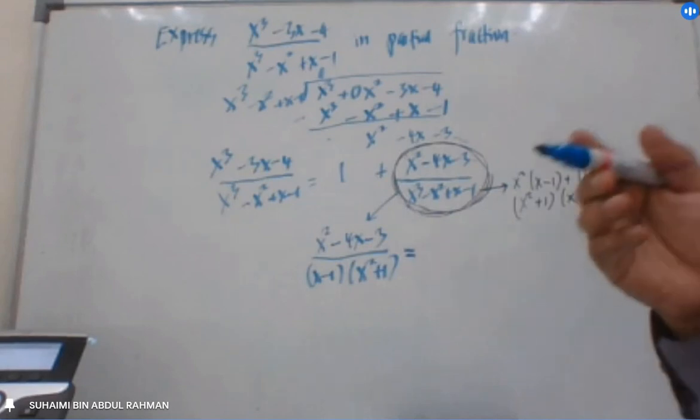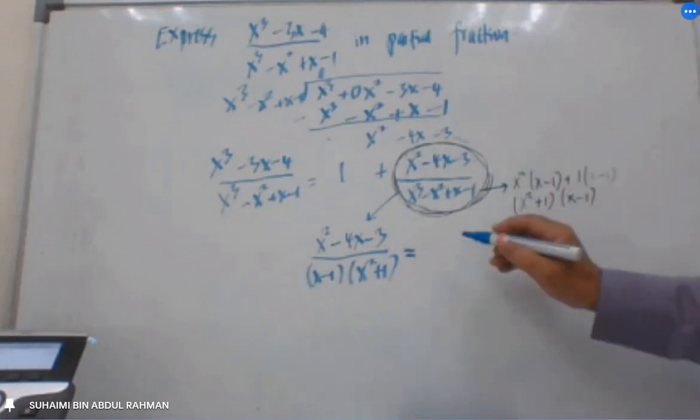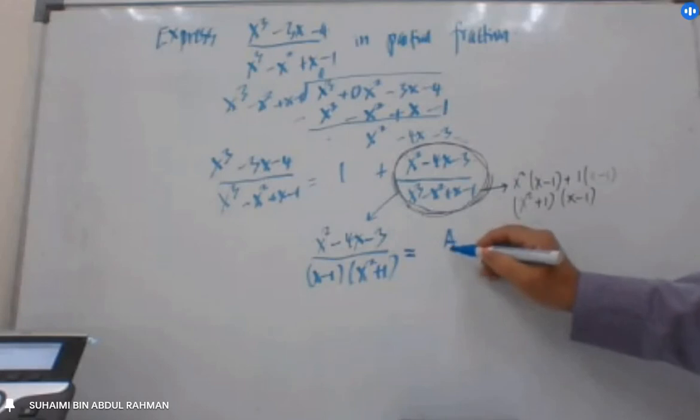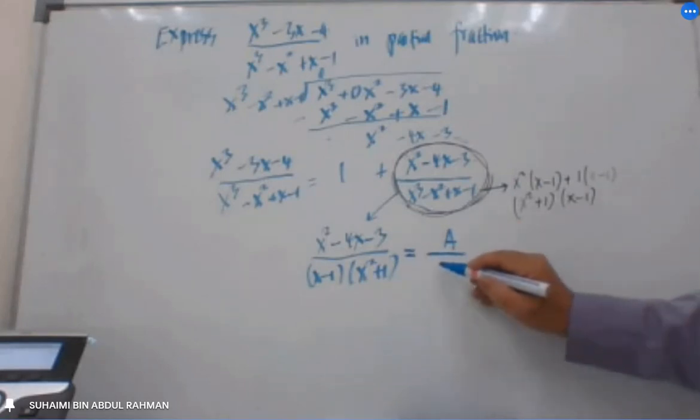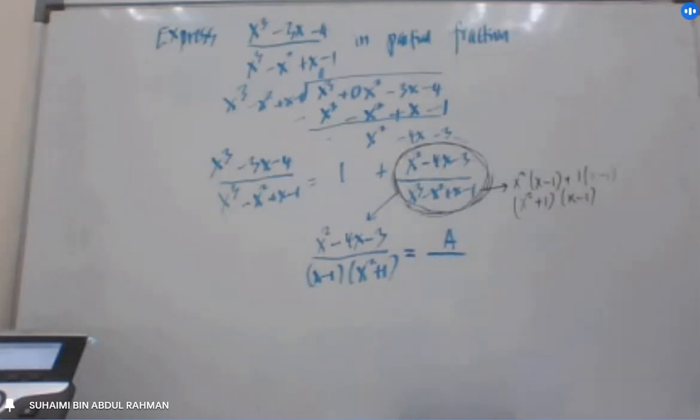Look back at rule A. It says A over p(x). What is p in this case?